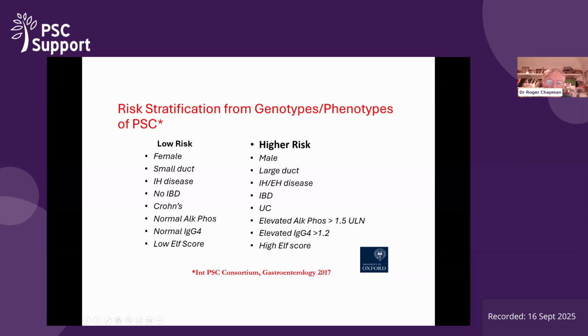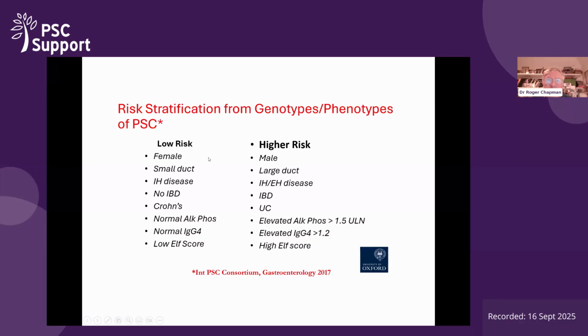Then one of the people in the group got together all the patients from the consortium, which was over 8,000, about 7,900 patients back in 2017, and looked at all these phenotypes which I've been talking about. We'll call them low risk and high risk.